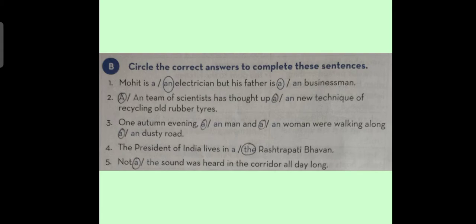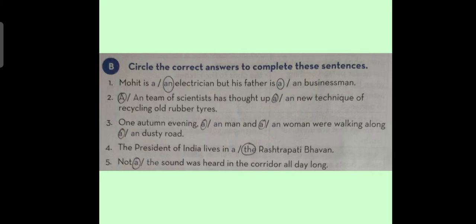In the first option of sentence number 2, we will circle a because team is a word which begins with a consonant sound. In the second option, we will circle a because new is also a word which begins with a consonant sound.